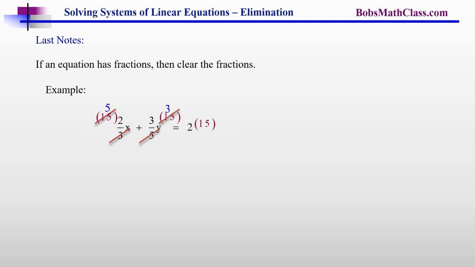Right, 3 times. And then the 2 on the very far right is not in the denominator, so simply multiply 2 times 15. So now we get 10x plus 9y equals 30. So this is what we would obtain if we had an equation that had fractions. Maybe the other row is the same way, and then we use those two rows to get rid of either x or y.